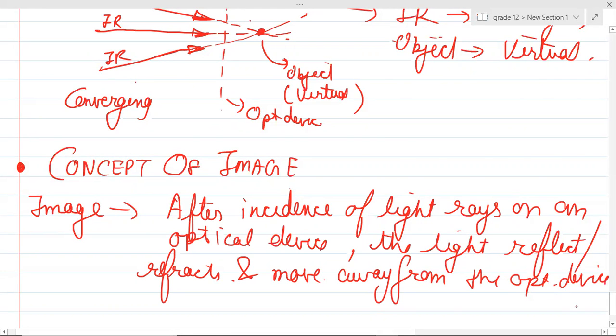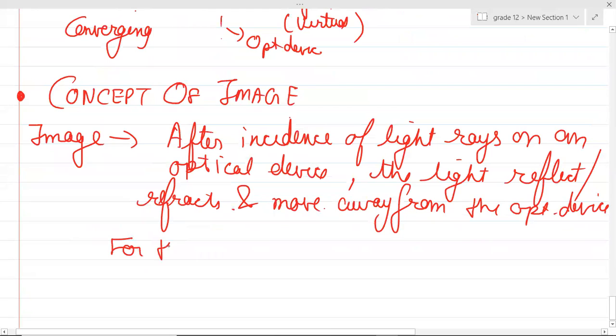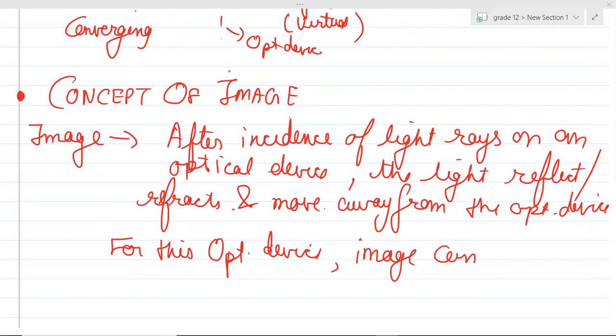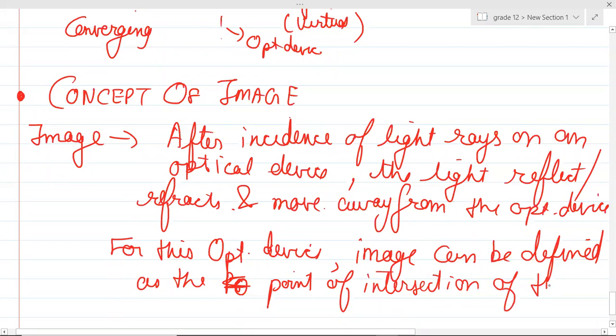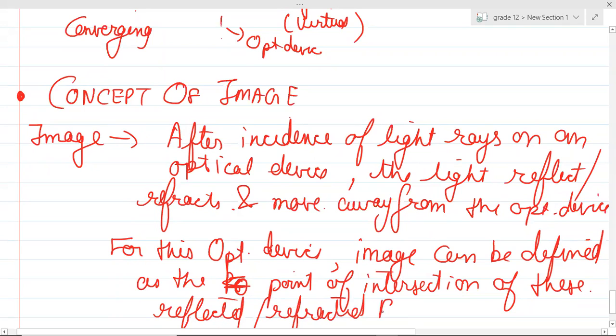So basically for this optical device, image can be defined as the point of intersection of these reflected or refracted rays.